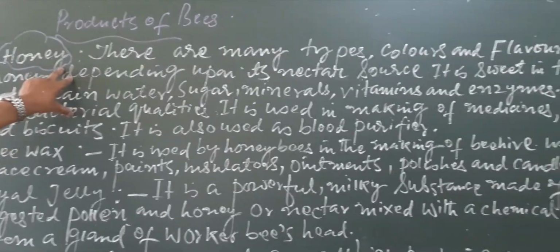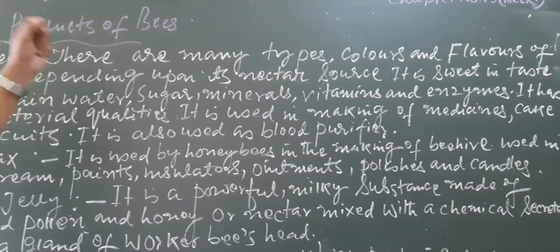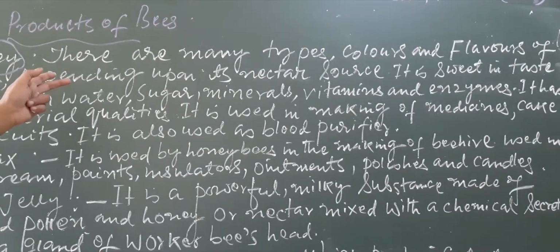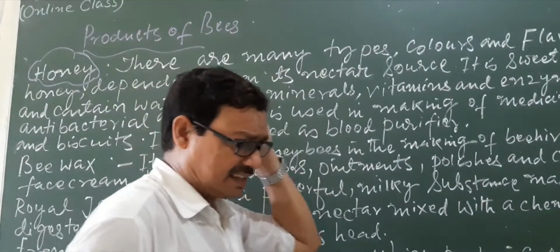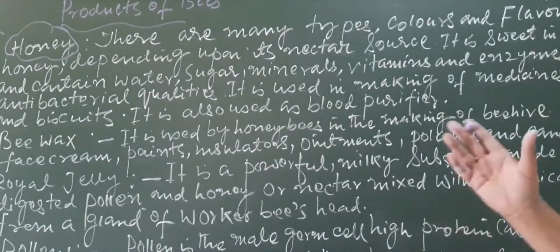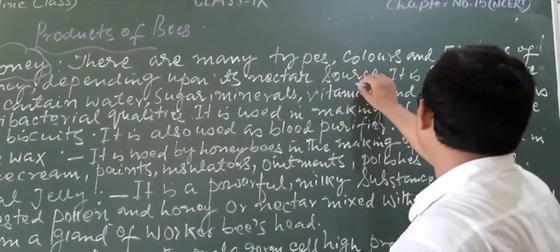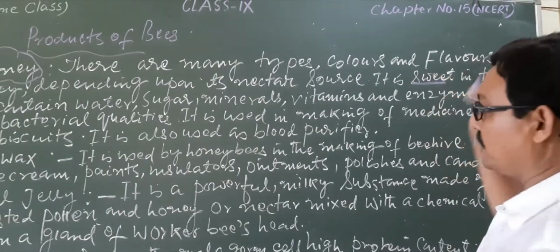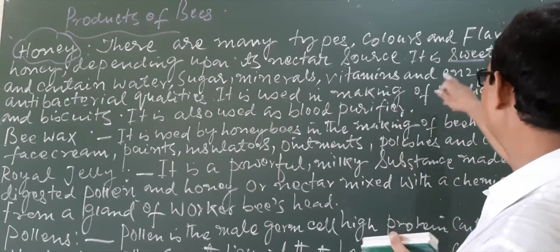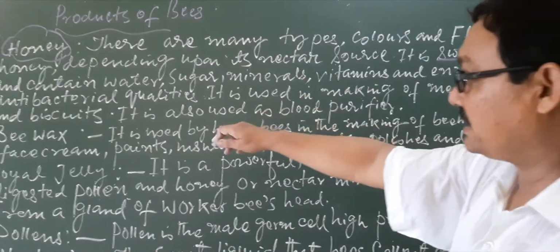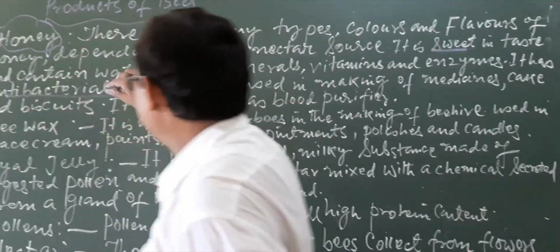What is its importance? It is the sweetest. You will know that nothing else is as sweet as honey. That is why it is very important, and it contains water, minerals, vitamins, enzymes. It has antibacterial abilities.